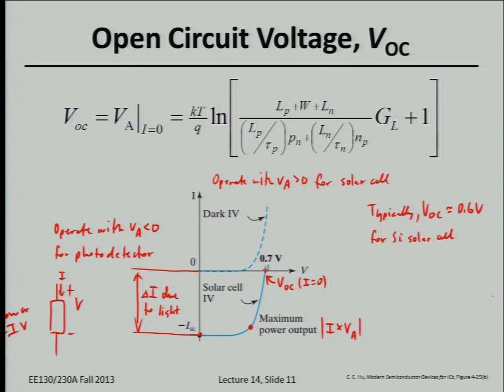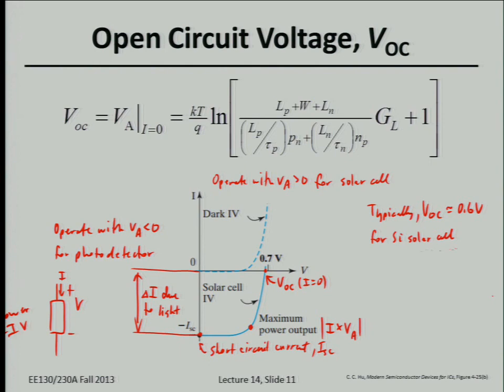The other interesting point here is the short circuit current, I_SC. Short circuit means that if you have a short between two terminals, there's no voltage drop across them. So this is the current that flows when the voltage is 0.